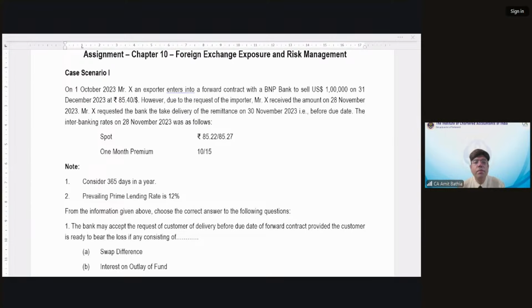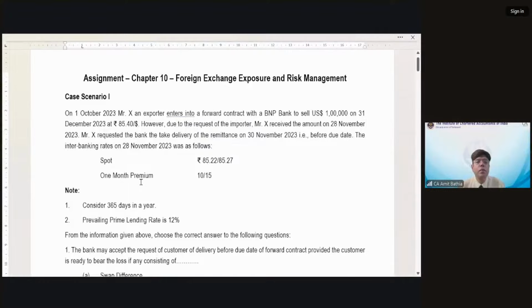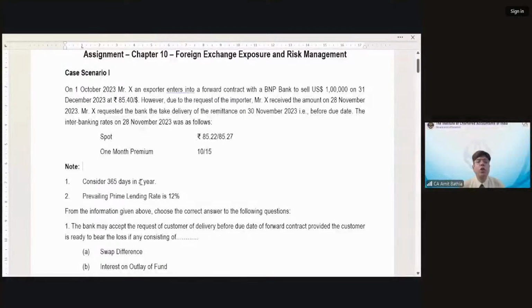Let's read this question. On 1st October 2023, Mr. X, an exporter, enters into a forward contract with a BNP bank to sell $100,000 on 31st December 2023 at rupees 85.40 per dollar.